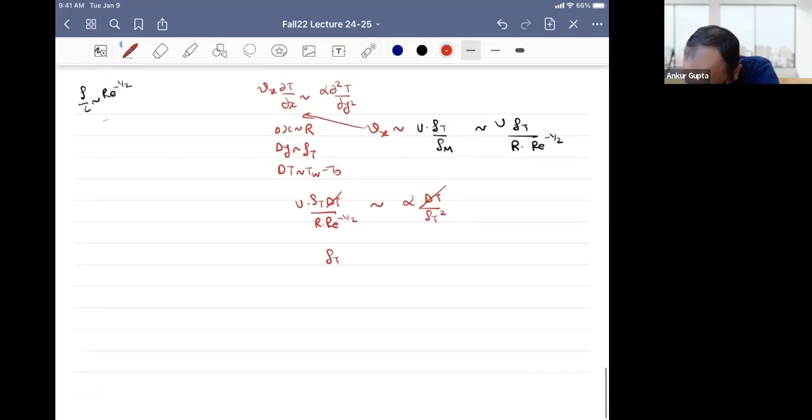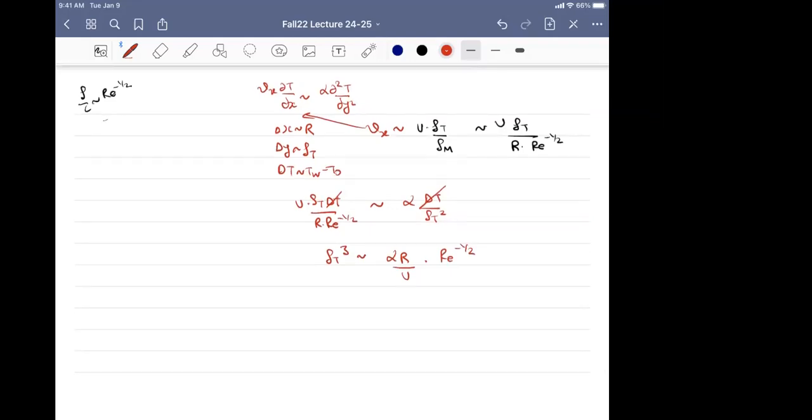Then I get delta T cubed is equal to alpha R by U times Reynolds number to the power of minus half. I feel I'm making a mistake somewhere. Should it be R squared in the denominator of the left-hand side?